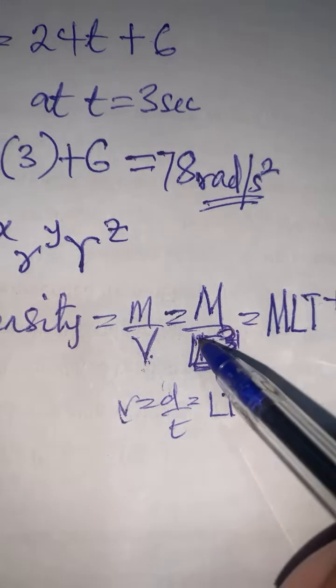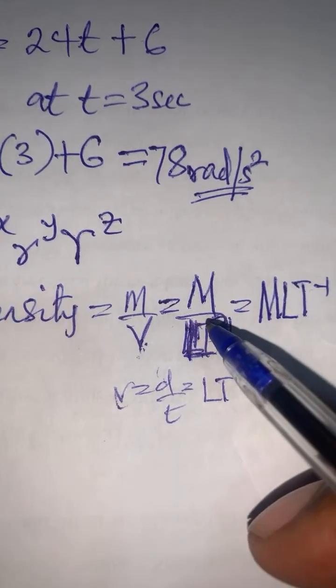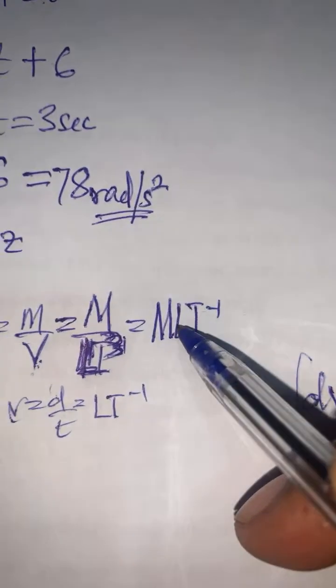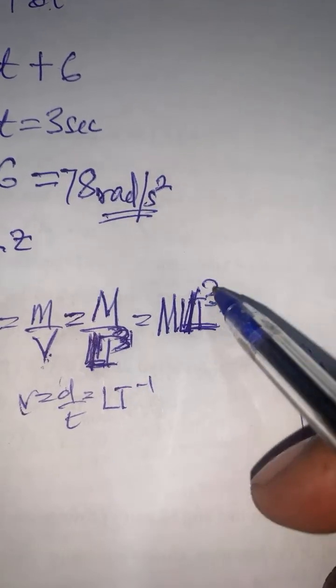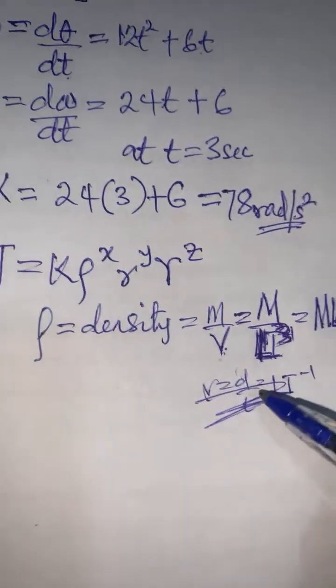So mass over volume is mass over length times length times length, or length times breadth times height, which is L to the power of 3. So the dimension will be ML to the power of minus 3. That's for density. Is that correct?